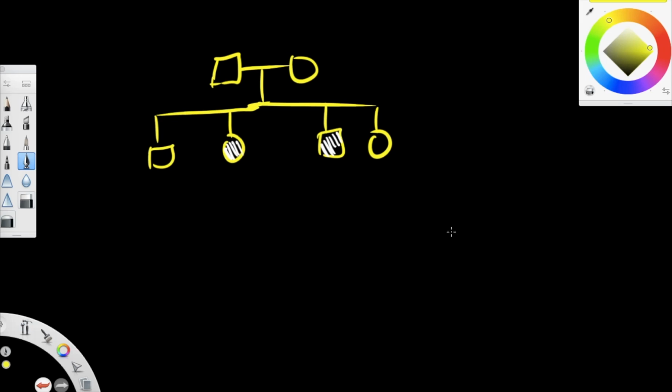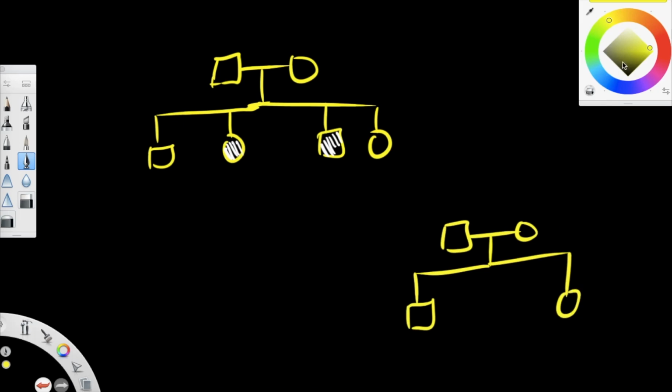And let's just draw another one. So these two are typical pedigrees which show the autosomal recessive mode of inheritance. And let's just see why.